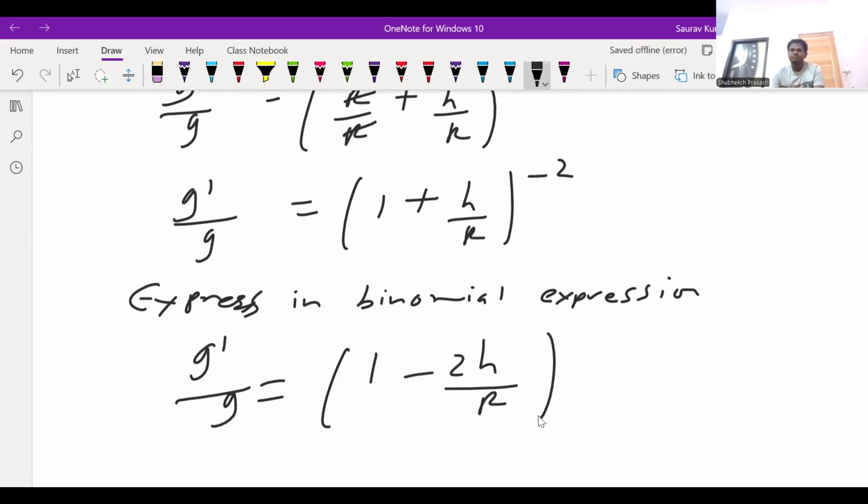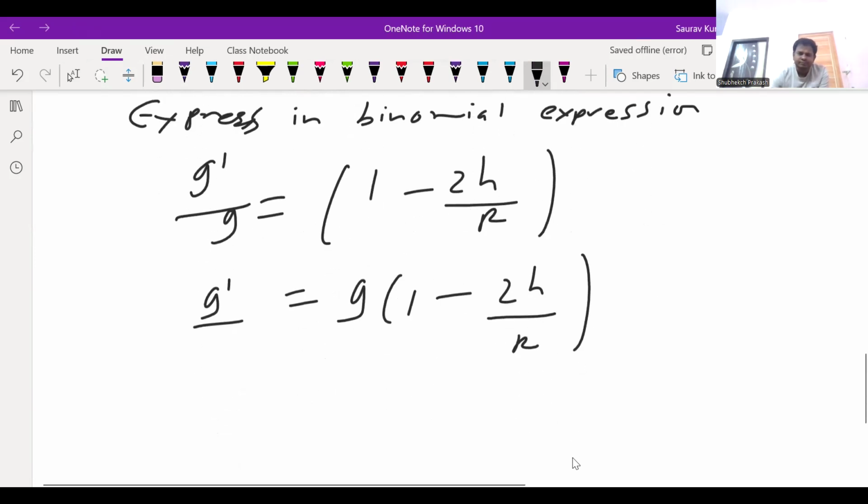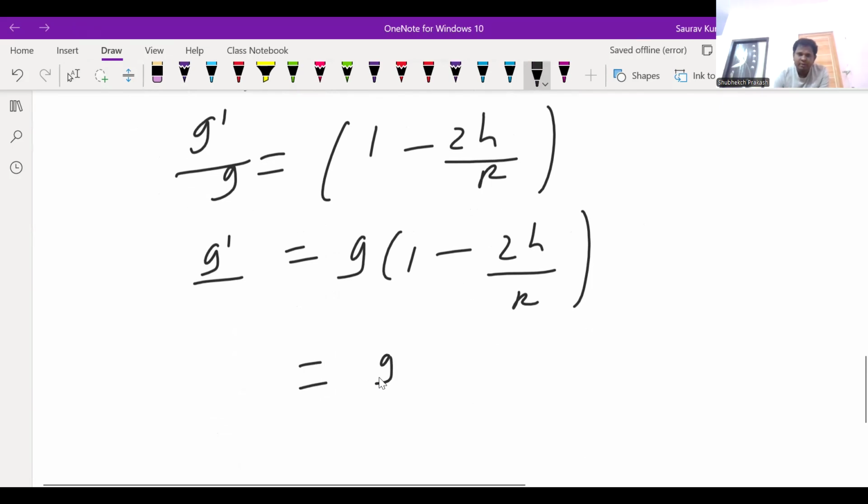So g dash is equal to g into 1 minus 2h by R. If you subtract anything from this acceleration due to gravity, if you subtract anything from this value, it will decrease or not?